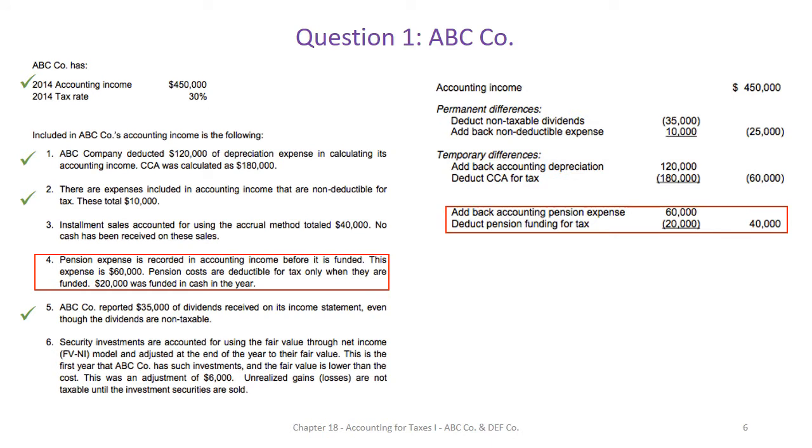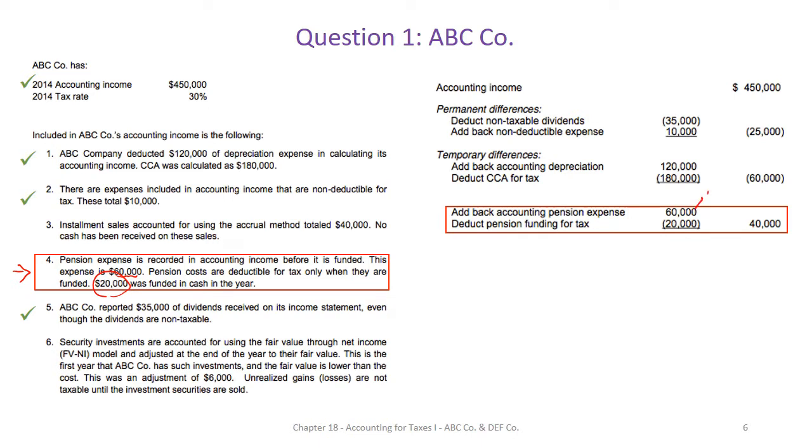Then we move on to the next temporary difference. In data item 4, we have pension. Here, pension expense is recorded before it is funded. In this example, the pension expense is $60,000, but the only amount that is actually deductible for taxes is the contributions, or the amount funded. We haven't covered accounting for pensions yet, so we don't need to worry about that quite yet, but suffice it to say that there is a bit of a complex calculation involved in determining the pension expense.